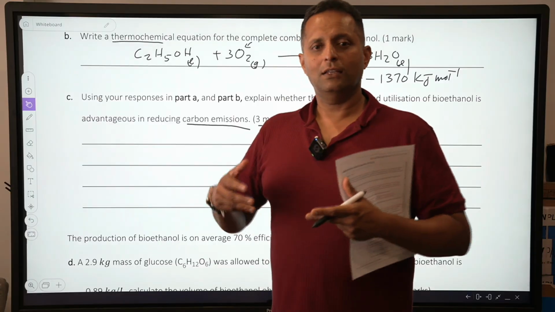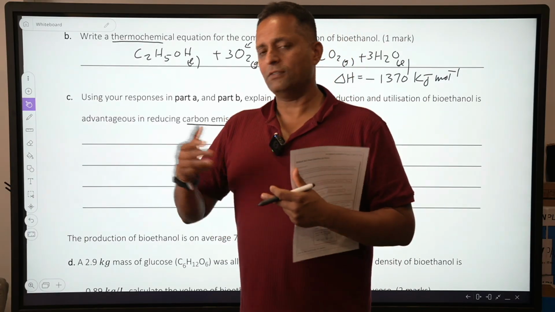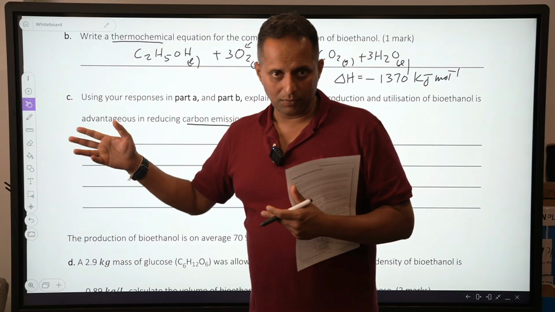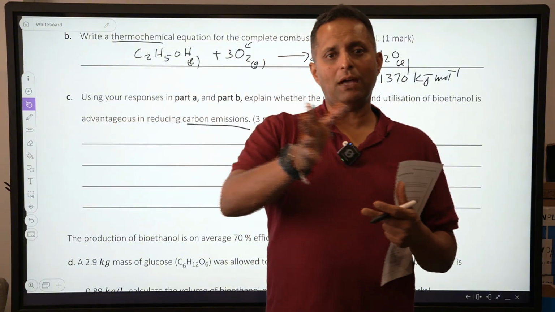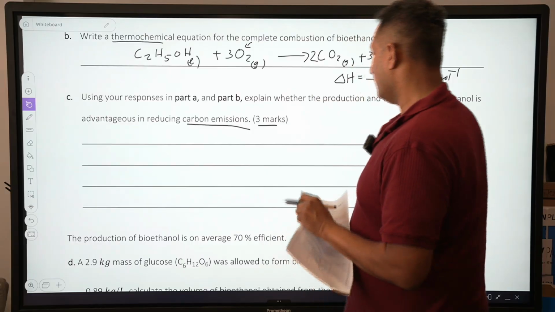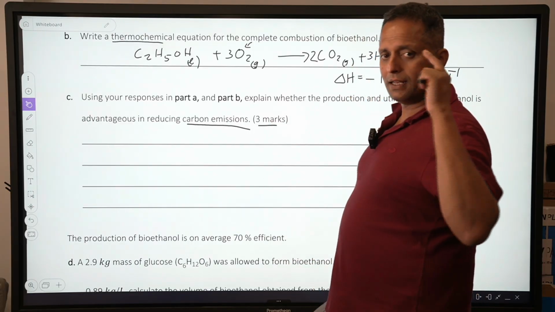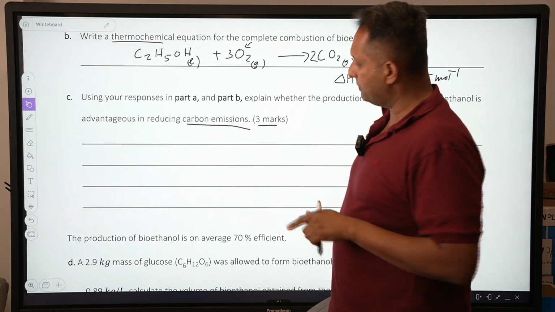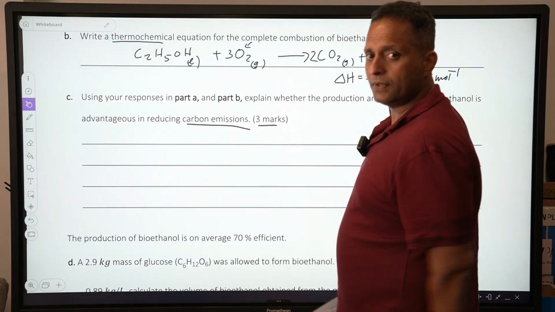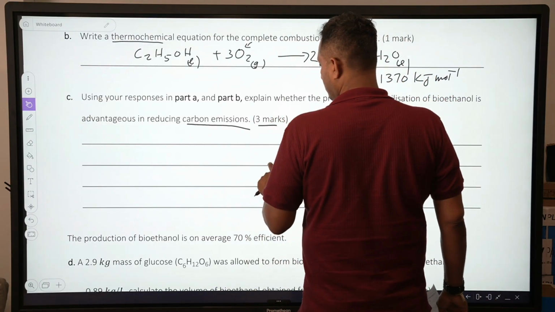However, using bioethanol can reduce the amount of carbon released into the environment compared to a fossil fuel. Is that clear? All right. So understand the core idea and look at the answer in the description. All right, let's look at the next question.